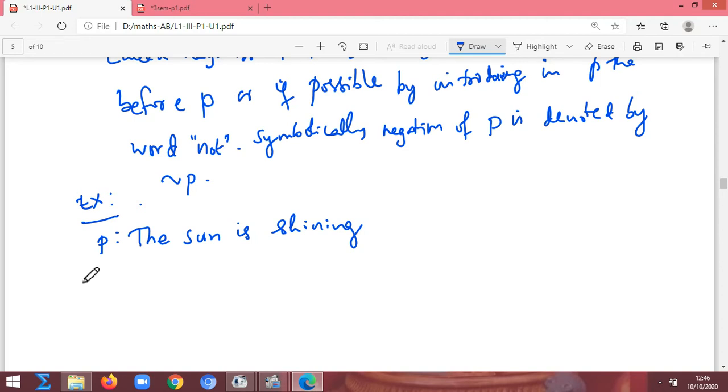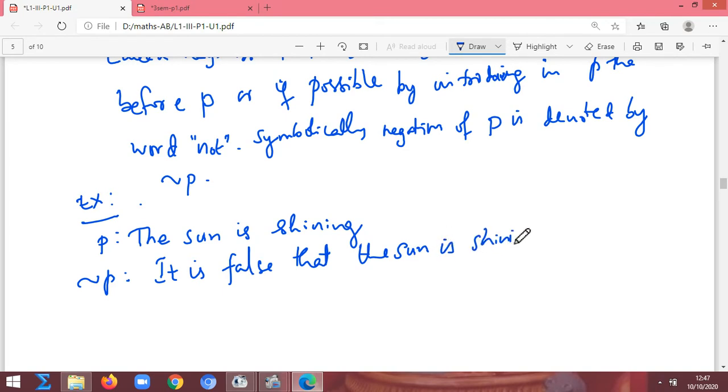One way I can say that it is false that the sun is shining. Okay. So negation of P, in one way I can say that it is false that the sun is shining. Another way I can use not: the sun is not shining.